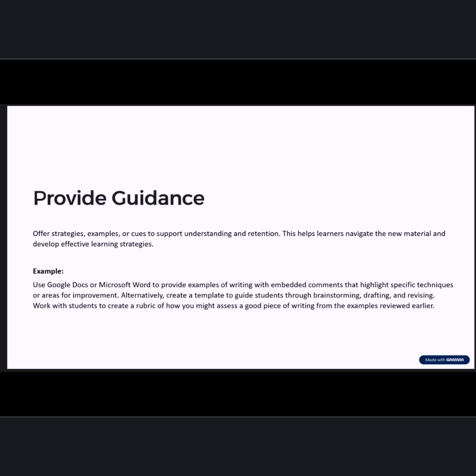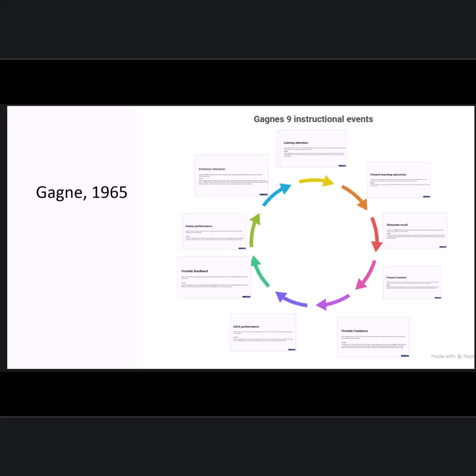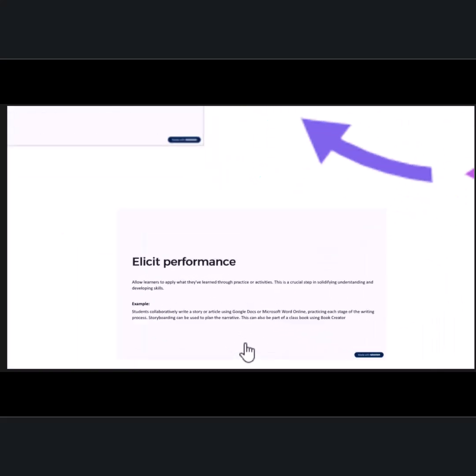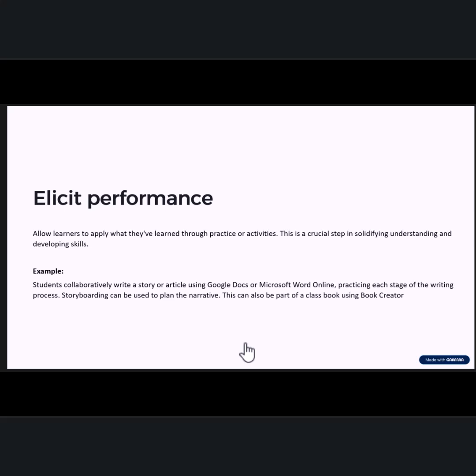The next stage, once you're confident the students have grasped the learning, is to provide opportunities for practice. This is really important in terms of solidifying the learning. So students might use technology to write a story using Google Docs or maybe Microsoft Word online, practicing each stage of the writing process.